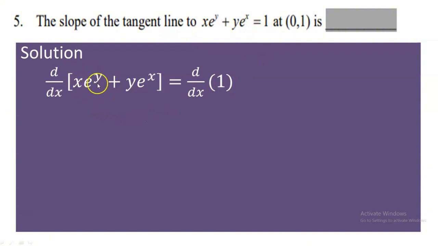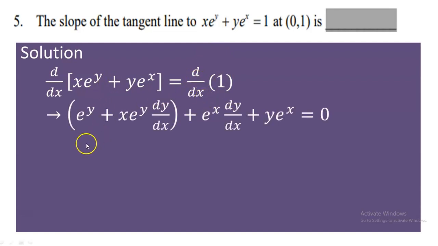For this you need to use the product rule, and the derivative of x with respect to x is 1, so 1 times e to the power of y is going to come, and then plus is used. x as a multiplier is used again, and the derivative of e to the power of y with respect to x is going to be e to the power of y dy over dx. You do the same for these two, but as you come to this side, the derivative of a constant 1 is 0, so clearly this goes to 0. So this is going to be like this.